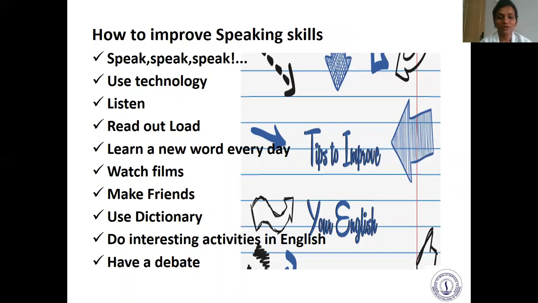You will be more confident in framing a sentence when you are good enough in vocabulary. Watch films, make friends, use a dictionary, do interesting activities in English like giving an interesting topic, debating with your friends, making interactive communication, and having a debate. These all will help you to improve your speaking skills.